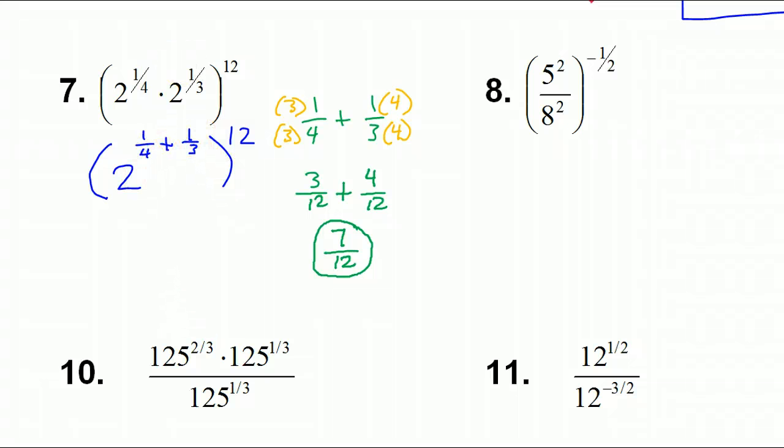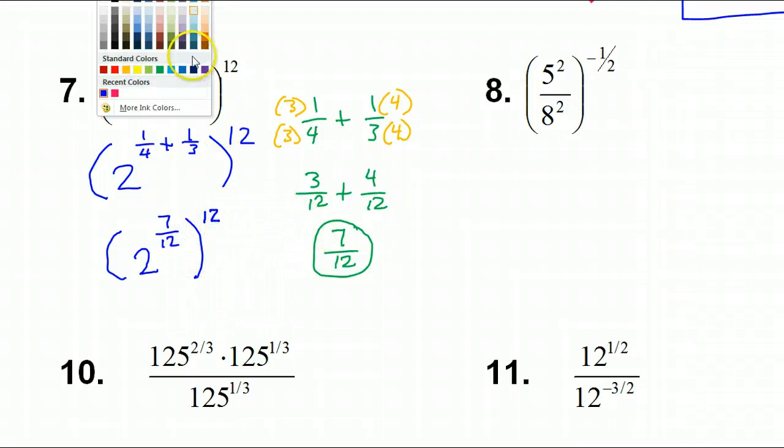All right, so let's remember that's how you add fractions. So that's what's going to happen here. So that's why I'm going to have inside of my parentheses 2 to the 7 over 12 power, to the 12th power.